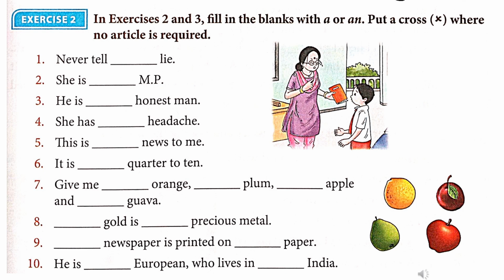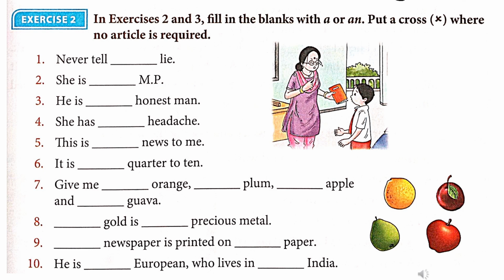Seven, give me dash orange, dash plum, dash apple and dash guava. Orange begins with a vowel, an orange. Plum, consonant, a plum. Apple, vowel, an apple. Guava, consonant, a guava. Give me an orange, a plum, an apple, and a guava.